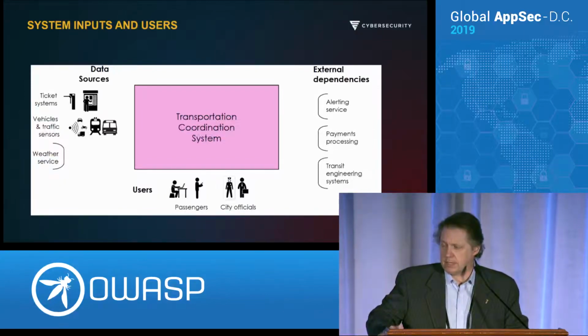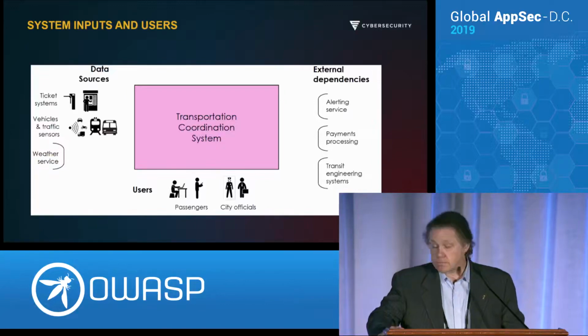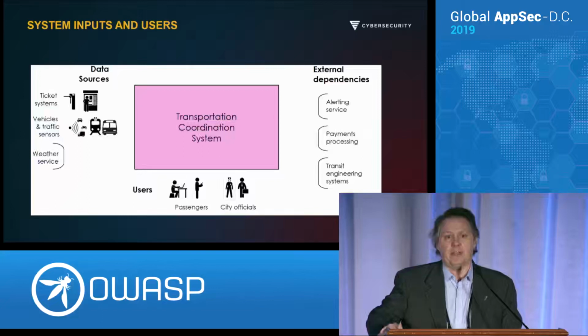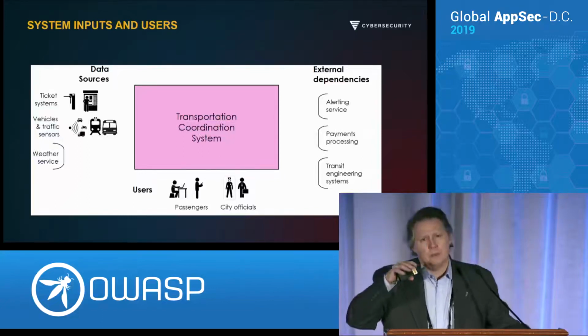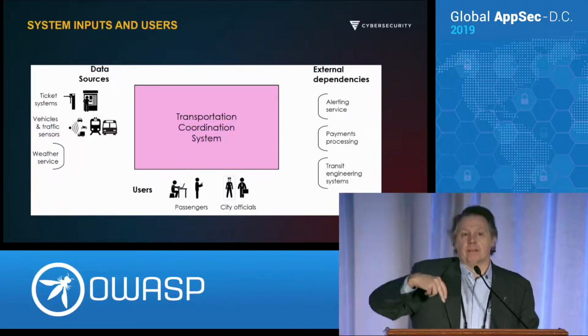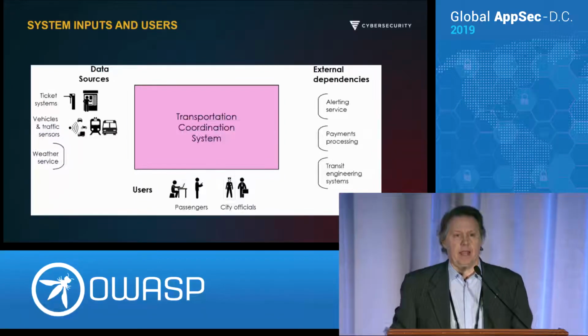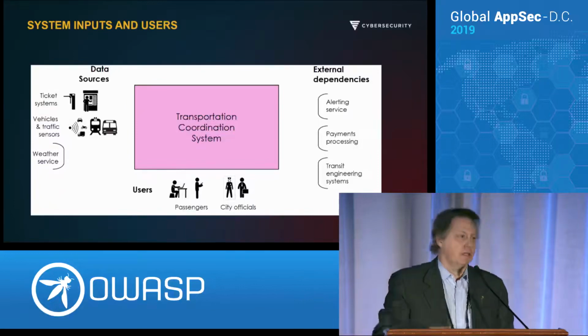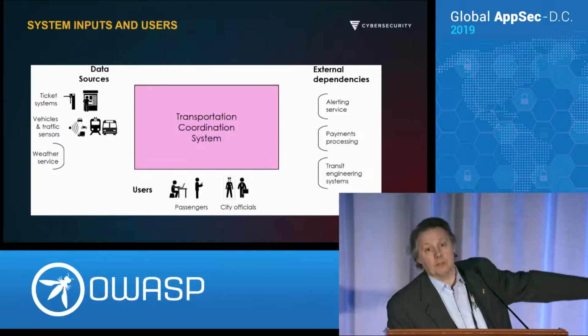I'll give an example or two as we go forward, but it's exceptionally important to understand what those external systems are counting on your system to provide to them, right? And how that imposes security requirements on your system that maybe didn't apply to the human users.